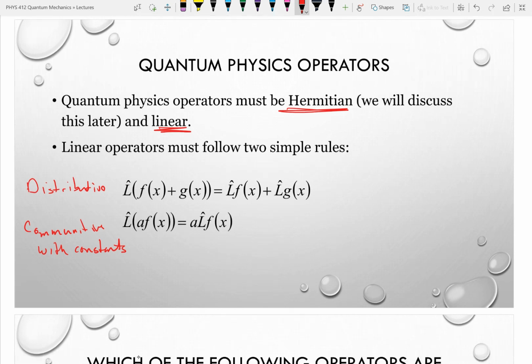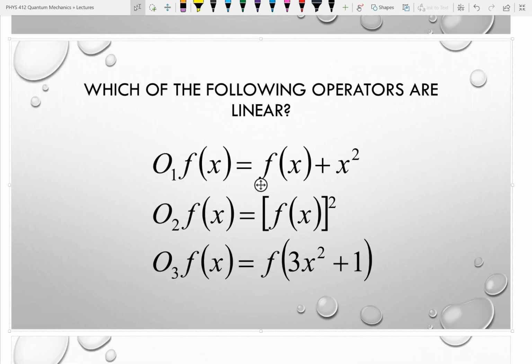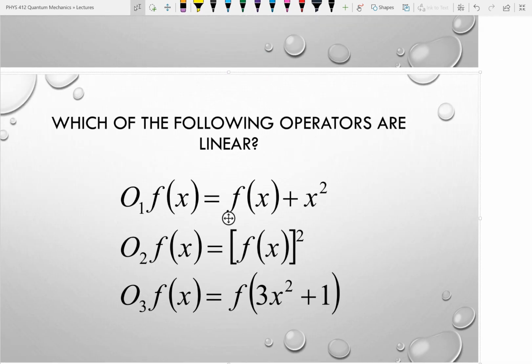So let's check to see which of the following are linear operators. So this one, the first one, the operator acting on function x gives us function x plus x squared. We have two tests. So I'll take this and put it through the two tests.